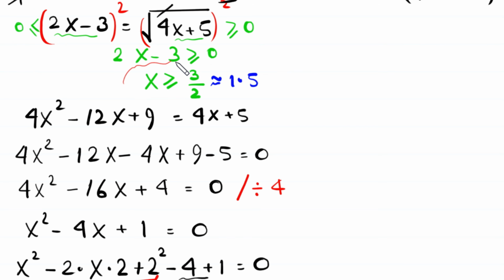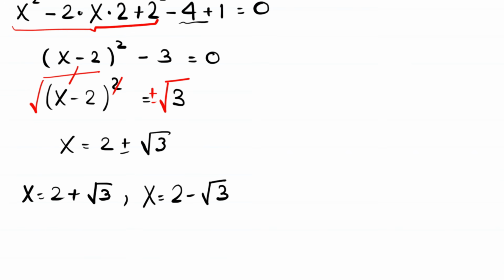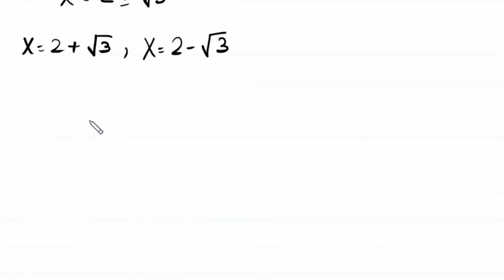Since for this case x must be greater than or equal to 3 over 2, which is 1.5. This 2 plus root 3 is approximately equal to 3.73.